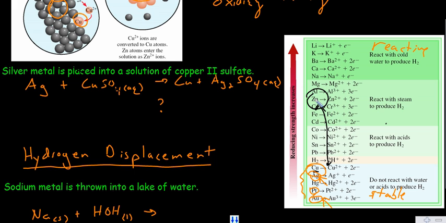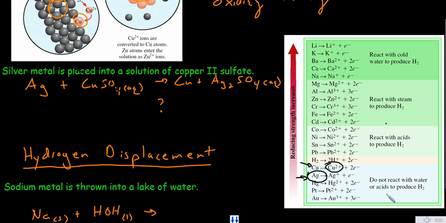So we're able to switch zinc solid with copper ion and get zinc ion and copper solid. But what if you were to try to put silver metal into copper sulfate solution? Well, you have silver here and you have copper ion. Now, I would just ask myself, which of these metals is more stable, silver or copper?